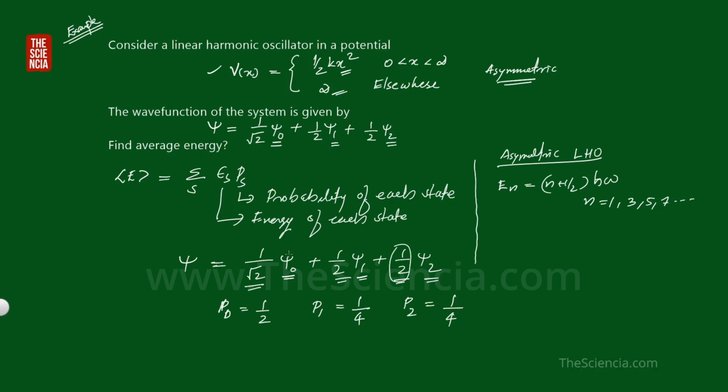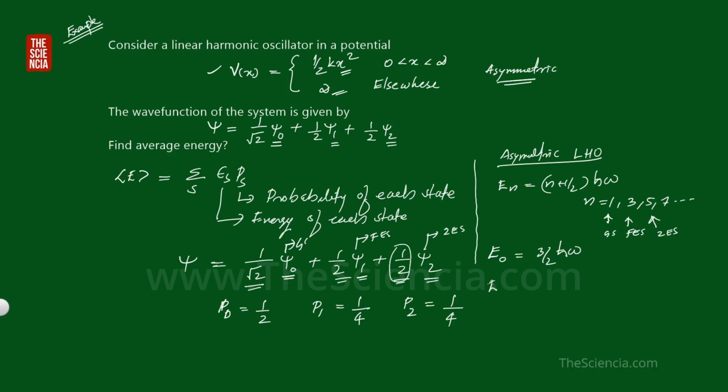So psi 0 corresponds to the ground state, this one corresponds to the first excited state and this one corresponds to the second excited state. So the corresponding n values are: this one is the ground state n value, this one is the first excited state n value, this one is the second excited state n value. So we get E0, the ground state energy, by substituting n equal to 1, that is 3 by 2 h cross omega.